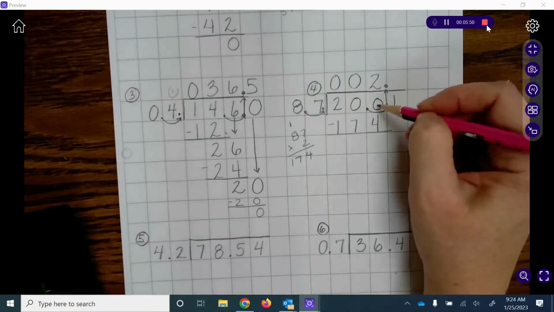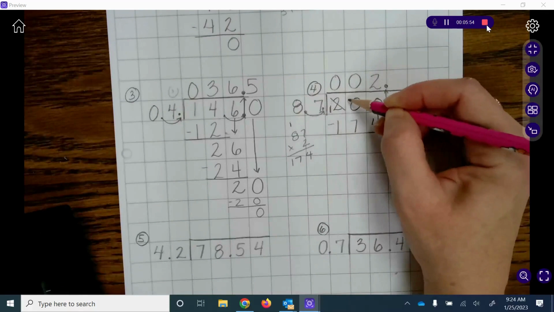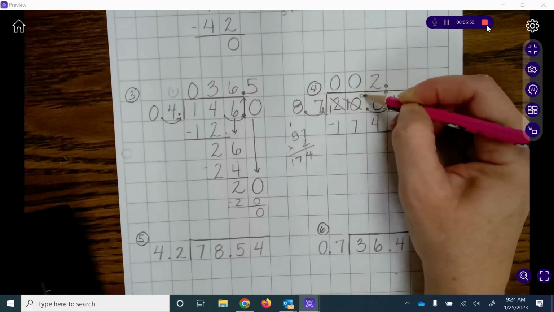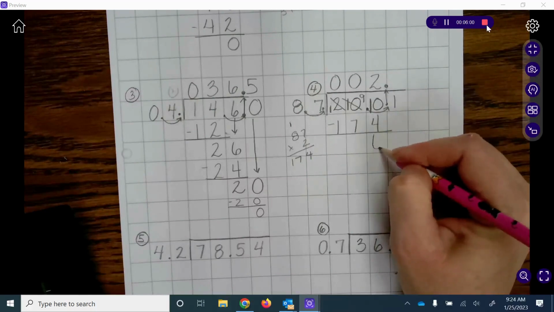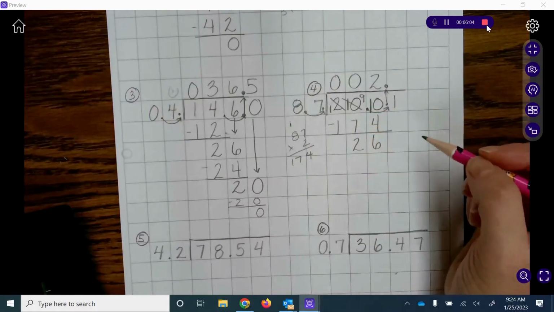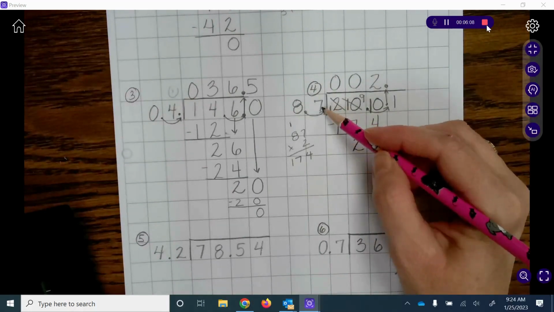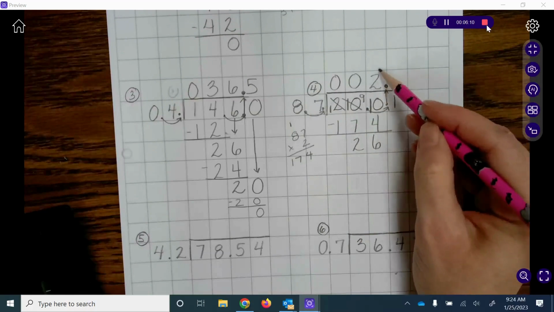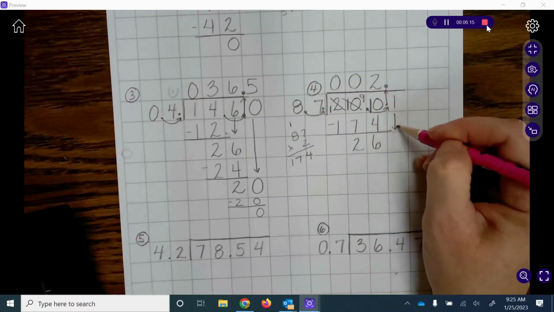I'm going to have to borrow 1, 10, make this a 9, and this becomes a 10. So 10 take away 4 equals 6, 9 take away 7 equals 2. Make sure you check. 26 is less than 87, so I can move on. If it wasn't, then I know that the number in my quotient wasn't big enough. Bring down the 1.